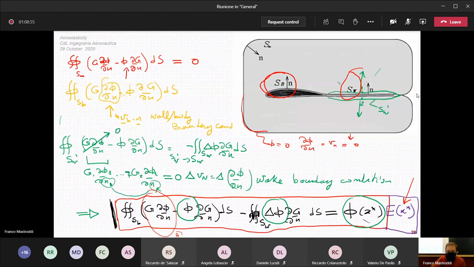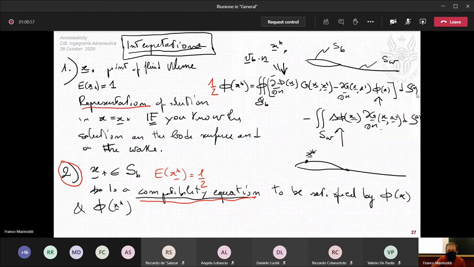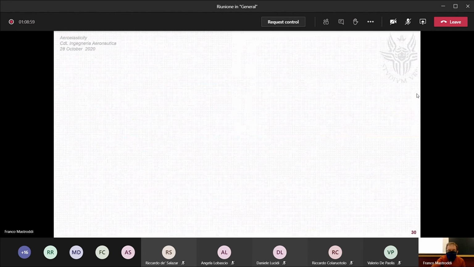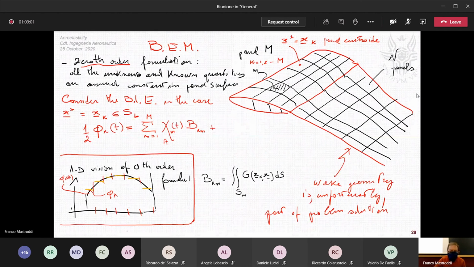So key m, this here is v body dot n evaluated at x equal to xm centroid here.